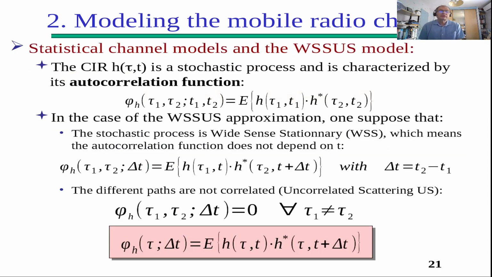So up to now, we've considered that the mobile fading channel could be modeled as a deterministic process, but it's easy to imagine that it's not possible, since it would mean that to model this channel, you would be able to model all the elements in an environment with the material properties of all the elements, for example trees and buildings and everything.